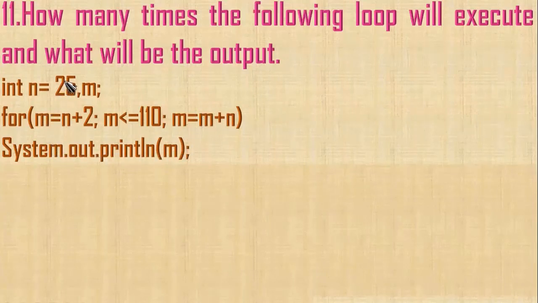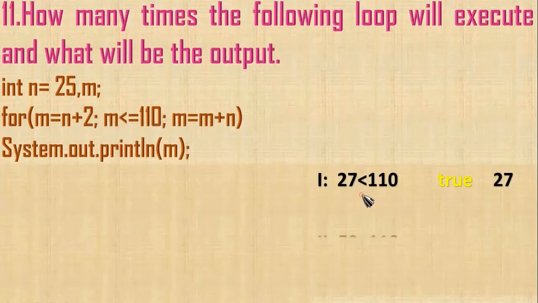So let us see: 25 plus 2. Now m's value will be 27, which is lesser than 110. So it is true, so it will print. And then now m's value will be 27 plus n, so that becomes 52. 52 is lesser than 110. It is true. So what happens? It prints.